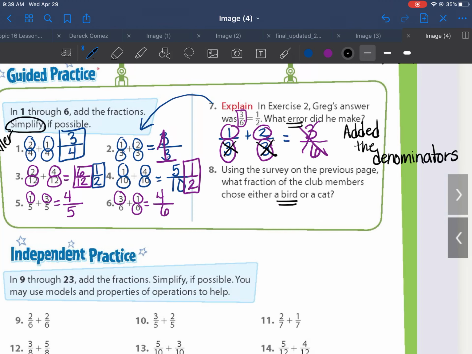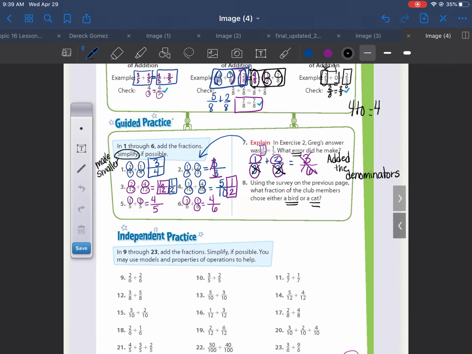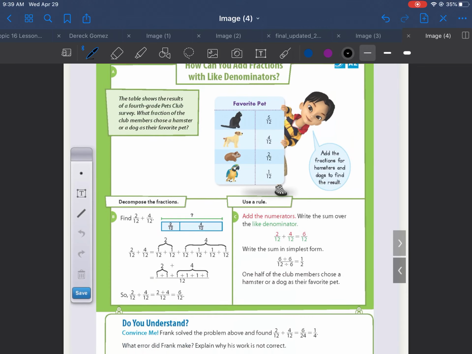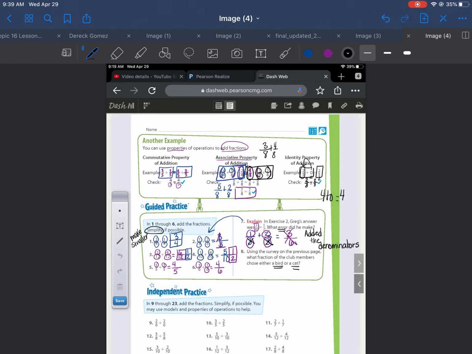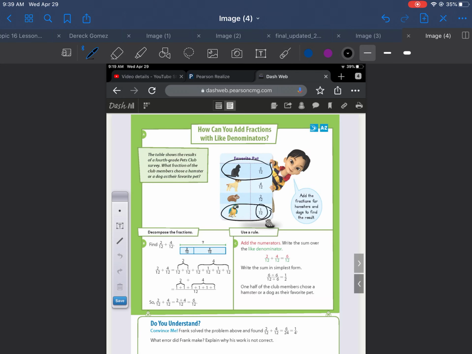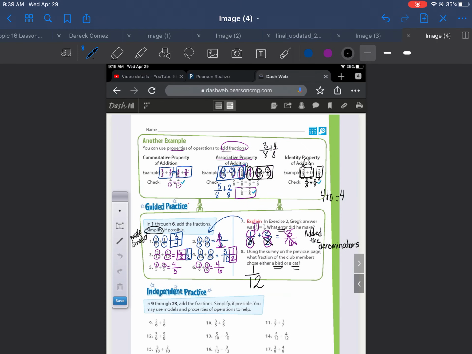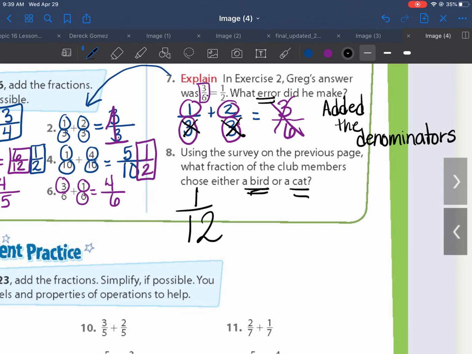Number 8. Using the survey on the previous page, what fraction of the club members chose either bird or cat? So the bird was 1/12. Or, that means another word for and, cat was 5/12.